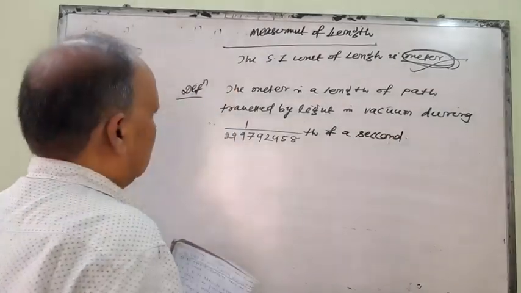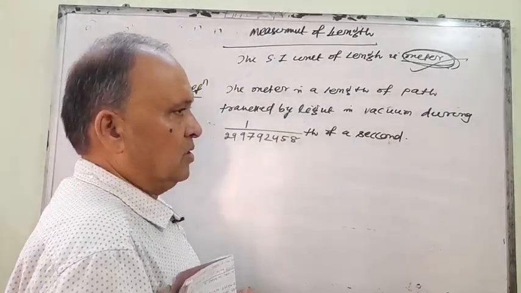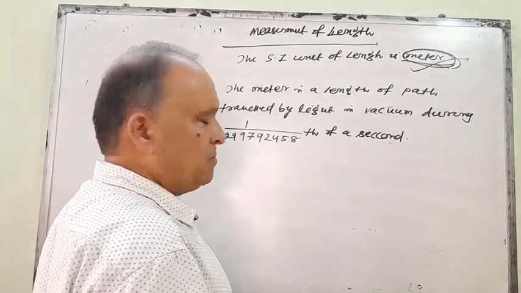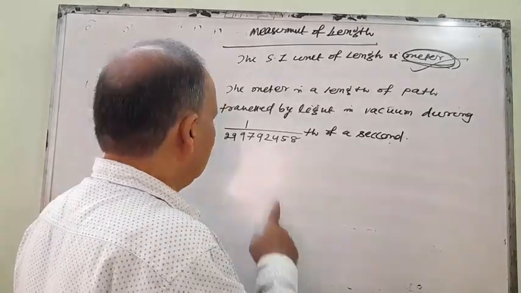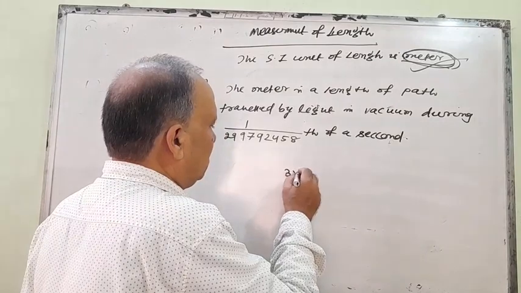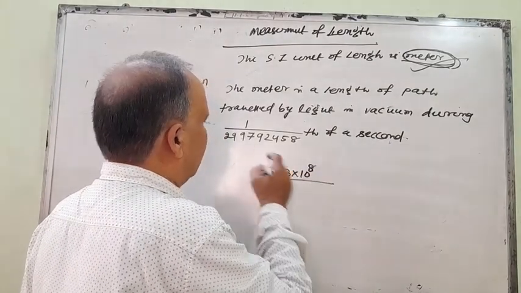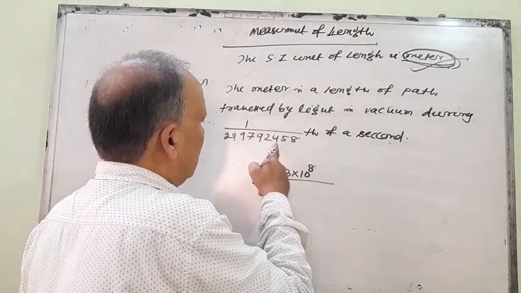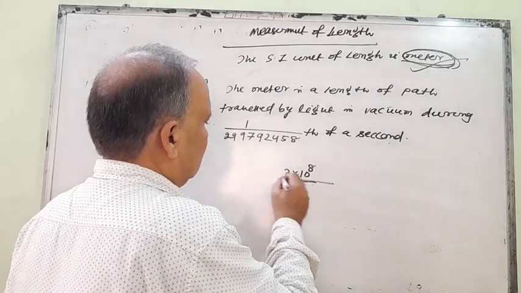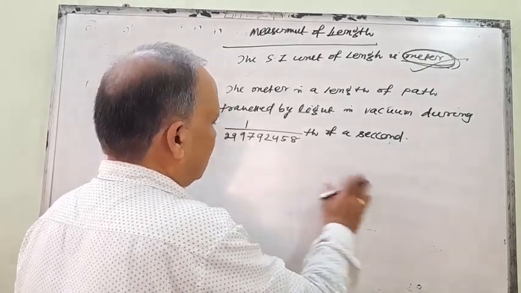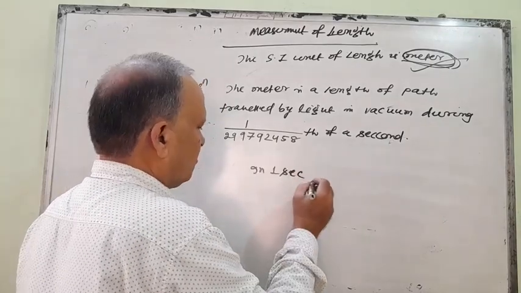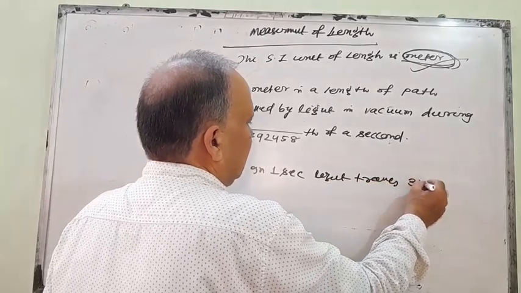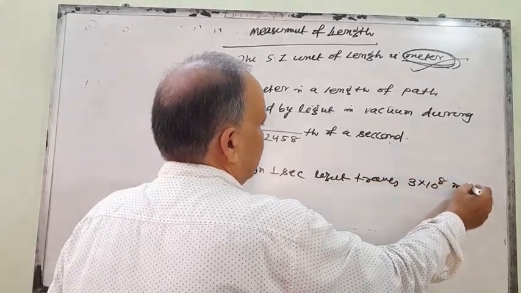You know the speed of light is 3 into 10 to the power 8 meter per second. You divide 3 into 10 to the power 8 by this quantity, 299,792,458. That means in 1 second light travels 3 into 10 to the power 8 meter.